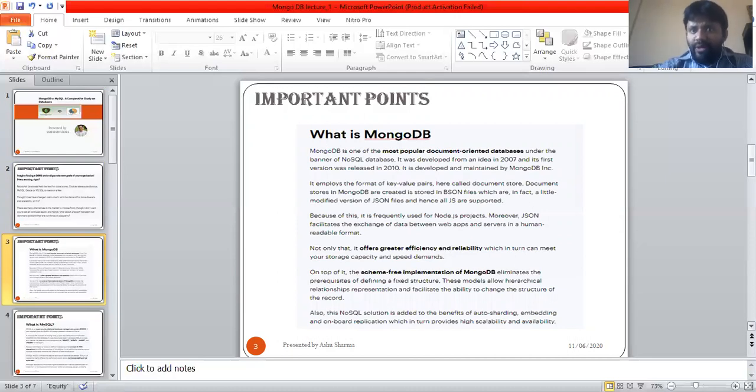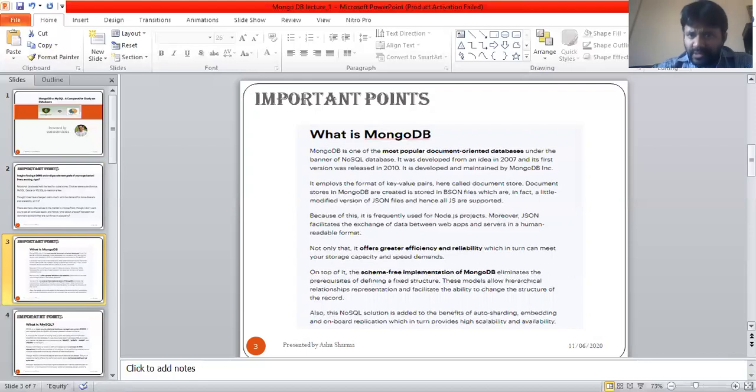The format of key value pairs is called a document store, and documents in MongoDB are stored in JSON files, which are in fact a slightly modified version of JSON, and hence all JS is supported. Nowadays we talk about Node.js, AngularJS, and so many different frameworks we deal with.